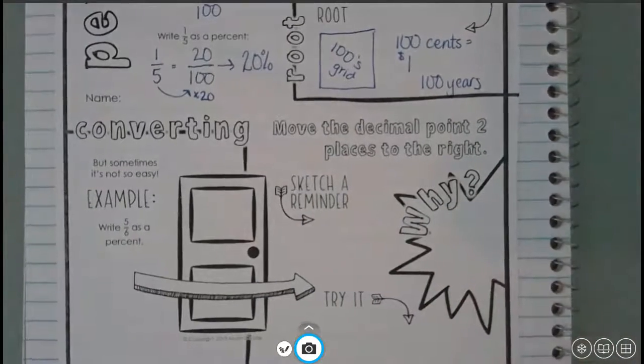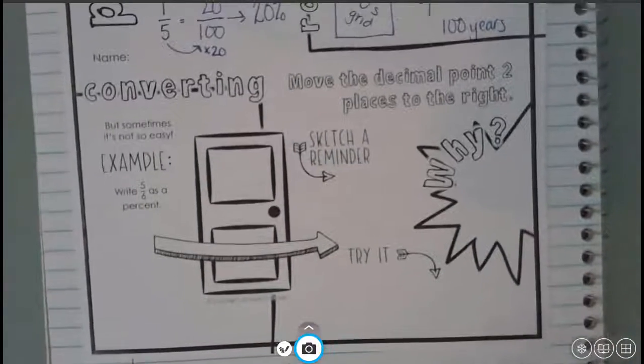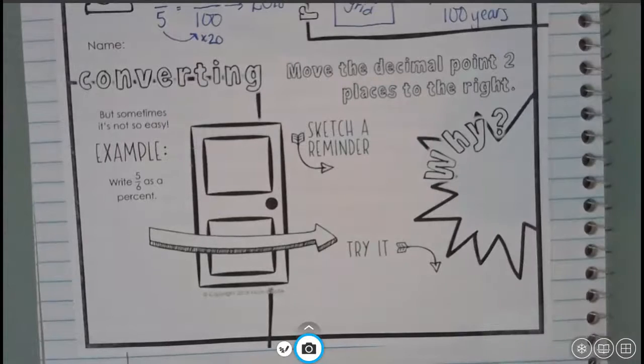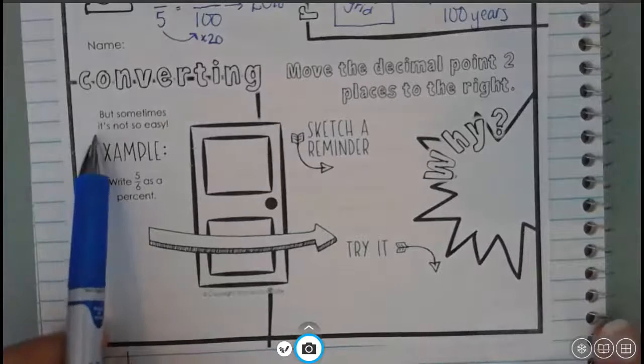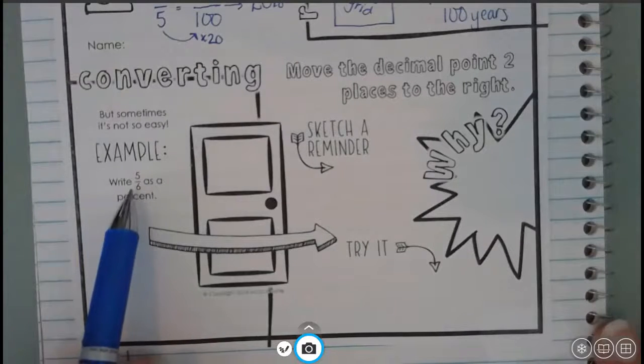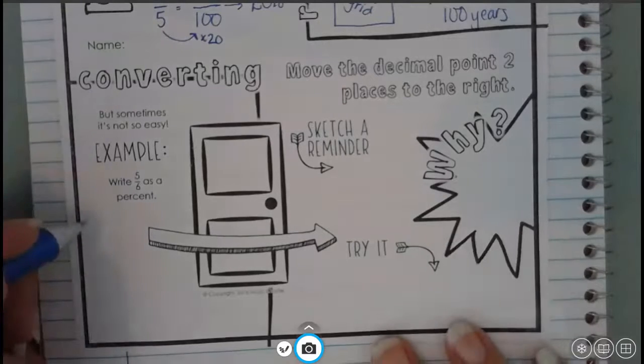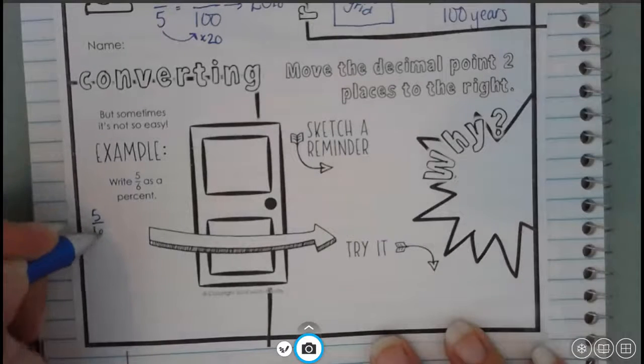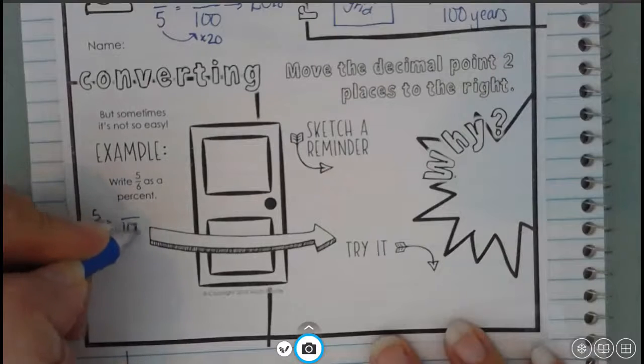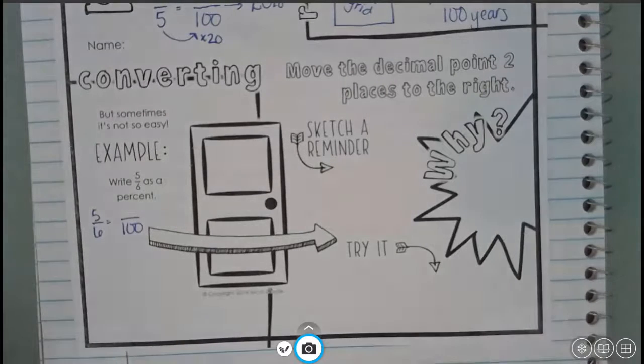Let's finish up the bottom part. Converting. But sometimes it's not so easy. The example here they give us is 5/6. So 5/6 as a percent. When you think of 5/6 as a percent, you say, okay, how do I get that 6 to change into 100?